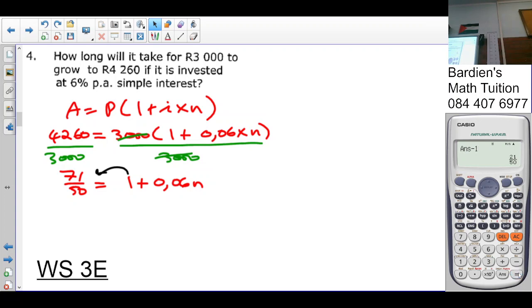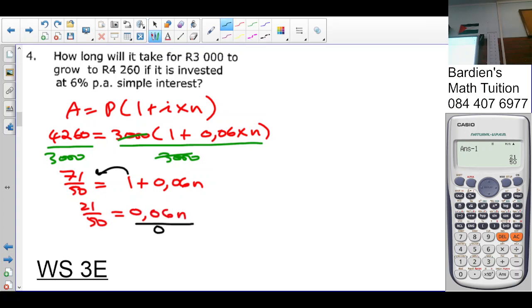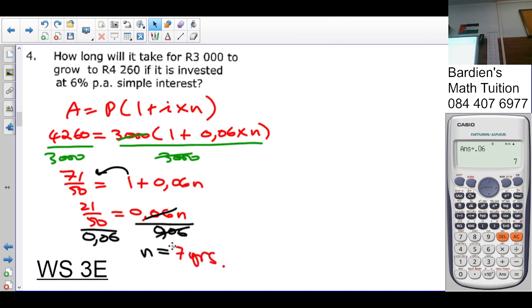It's 21 over 50 is equal to 0,06n. Now what? Divided by 0,06. So that cancels. So n is equal to 21 over 50 divided by 0.06 gives you 7 years. Okay. Any confusion here? No?